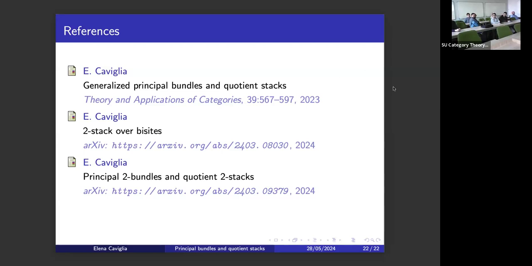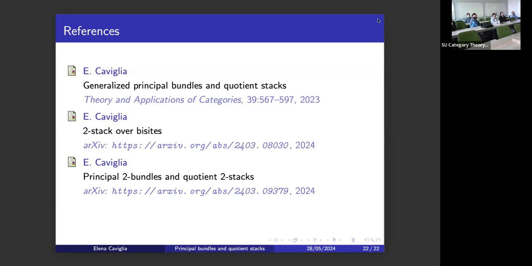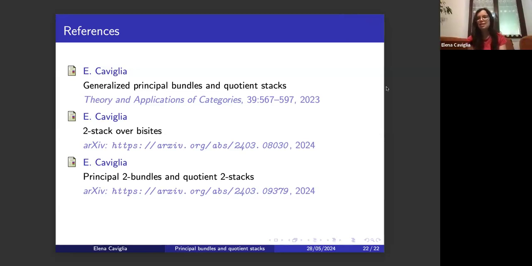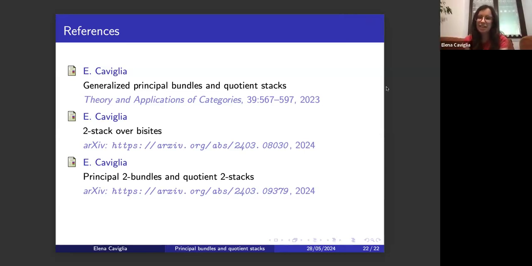I have a very simple question. Yes. Right at the beginning, when we define a principal bundle with an internal group, do we require some compatibility with the internal group and the Grothendieck topology? No, we don't. It's just an internal group. So there is no compatibility.